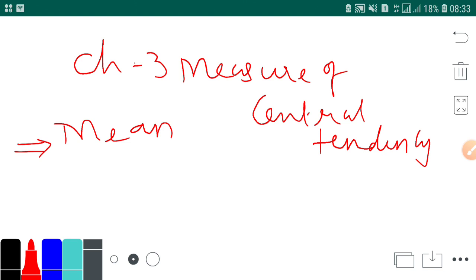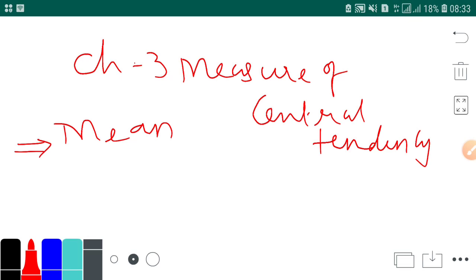Then we have done a sum of less than cumulative frequency, where the question was given as less than cumulative frequency, and we converted that less than cumulative frequency into classes.